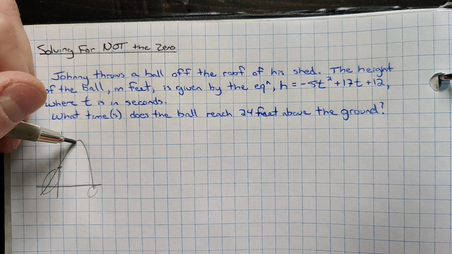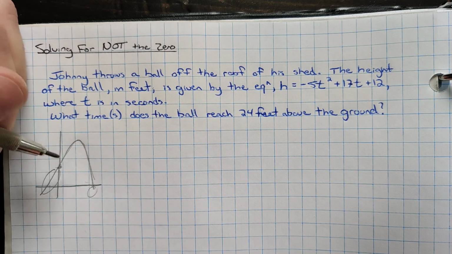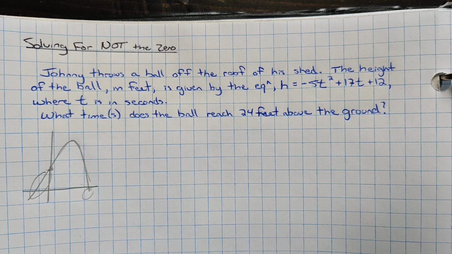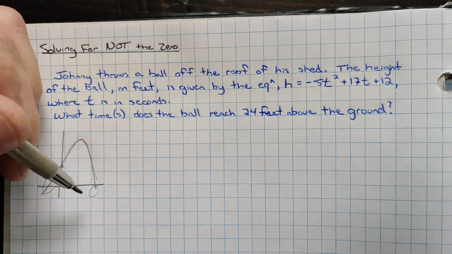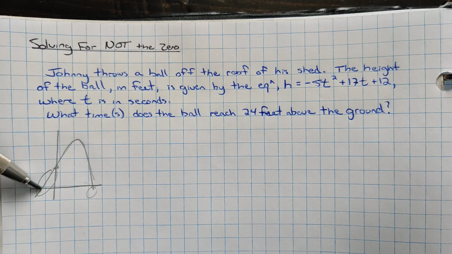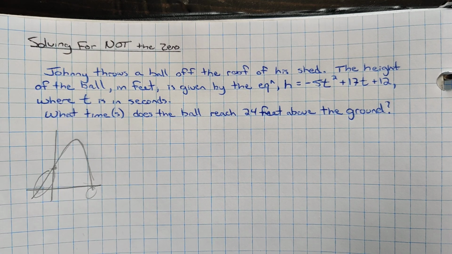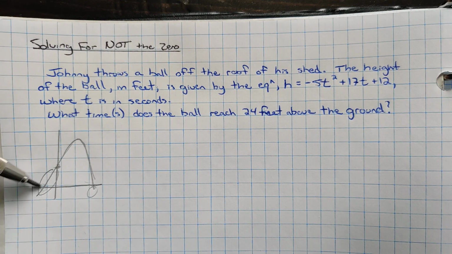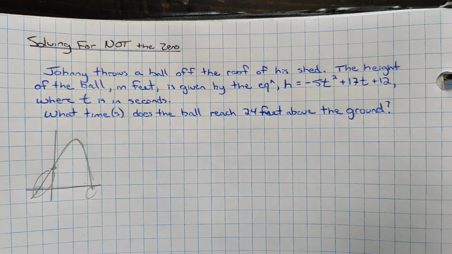This is the real situation that's going on from 0 seconds until whatever that point is where it hits the ground. And so we want to know when the ball reaches the ground. In this case here, from our graph, we'll know that it's only going to be a single time that it hits the ground because it was thrown off the roof at 0 seconds, so it would hit at negative time, which is not possible. So let's solve this.